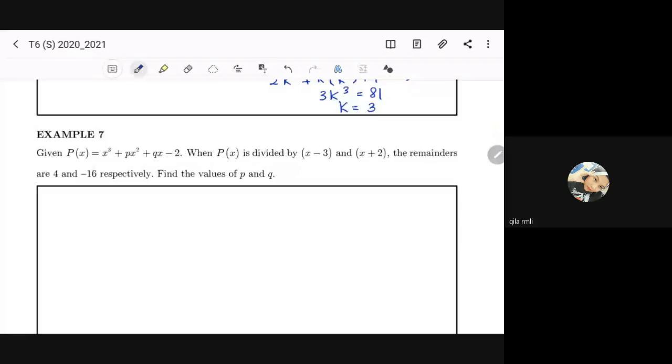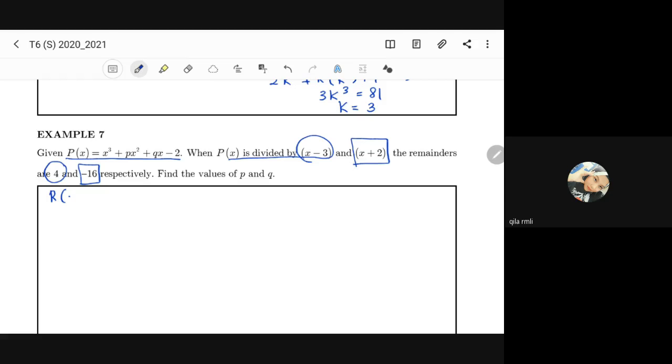Okay, next example number 7. Given Px, when Px is divided by x minus 3, remainder is 4. When Px is divided by x plus 2, remainder is negative 16. Okay, from the English statement, we write math statement. So, R of ni samakan dengan kosong.